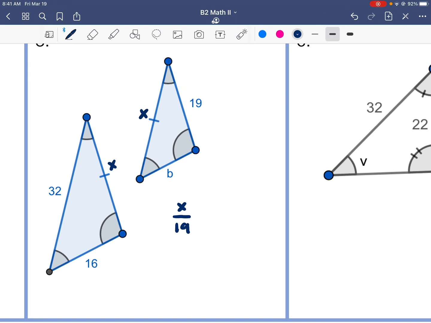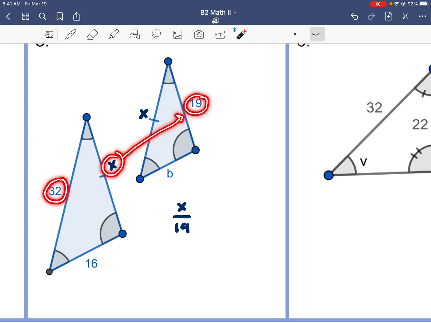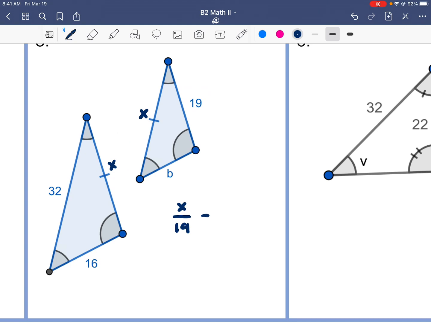So I know that X relates to 19. I'm using this value and this value. So this over that. Then I'm going to say this is going to have to equal 32 over X. You just have to make sure that you put the right triangle, I mean the correct triangle, right?